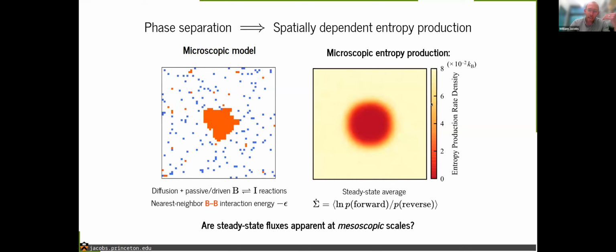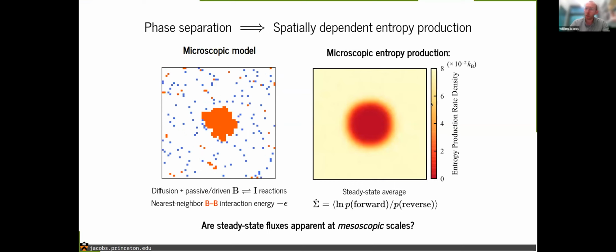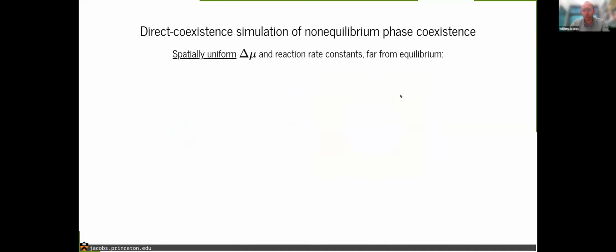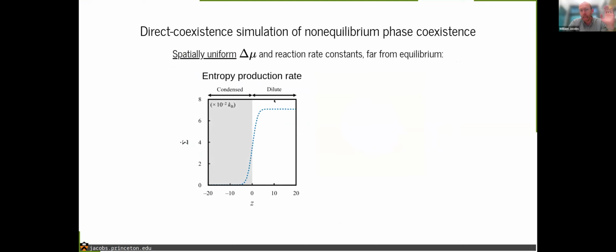So if we want to ask a question at a more coarse-grained level about mesoscopic properties, then we can look at this exact same system and look as a function of the distance from the center of the droplet. So our average interfacial position is at z equals 0 here.